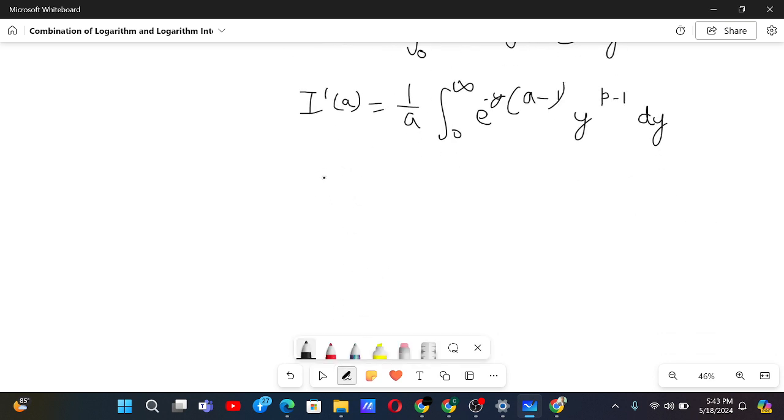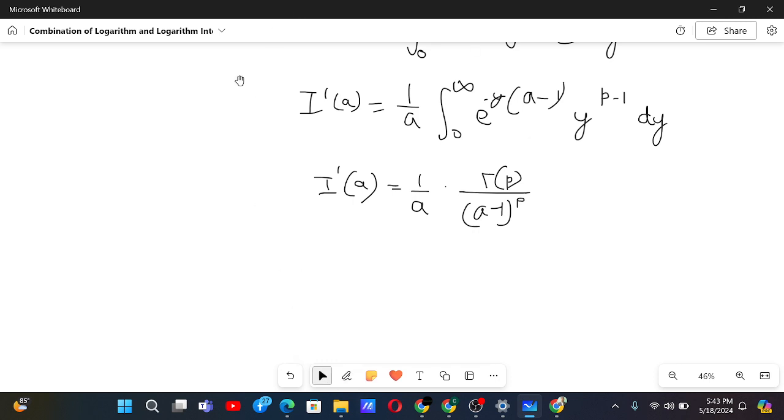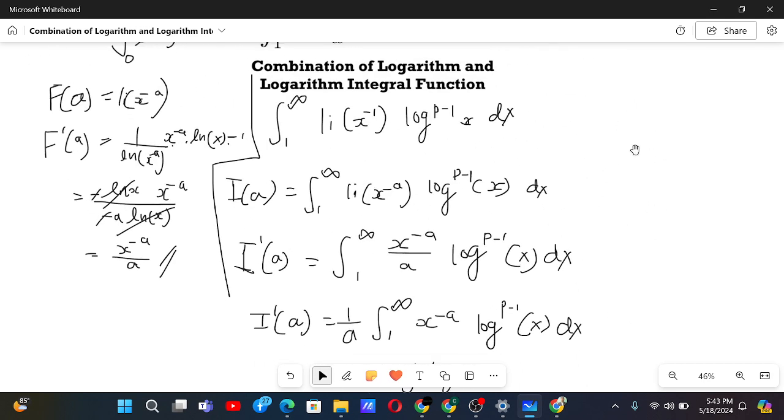Now we have I dash of a equals 1 by a, and this is just gamma p by a minus 1 to the power p. Now, our goal is basically to find just I of 1.